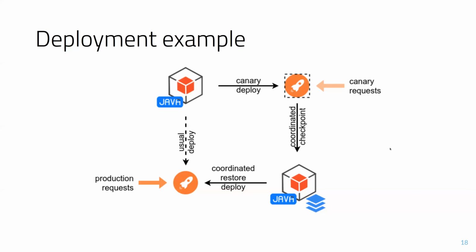What does it need to be shut down? What's the default behavior, and how can we actually release this? Let's say we created some Java artifacts, for example Java files, and then it's usually deployed to a production instance by a regular CI/CD pipeline. The production request hits this instance, and it's all good.